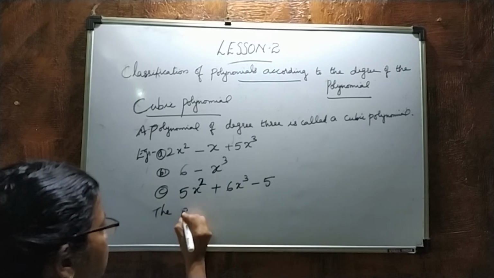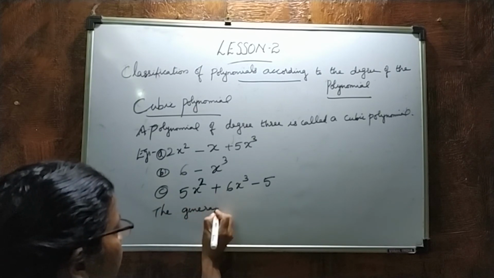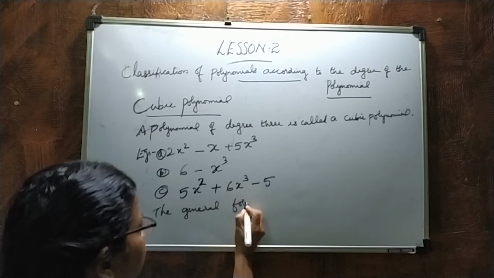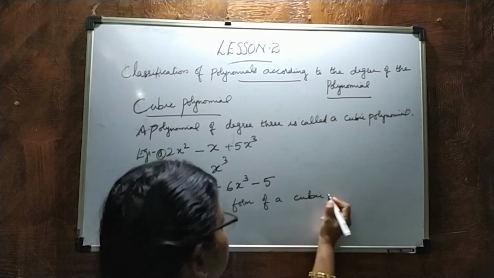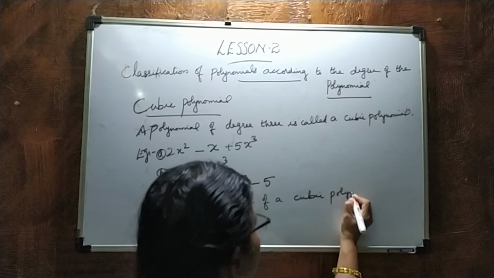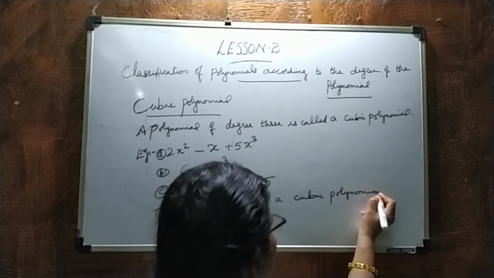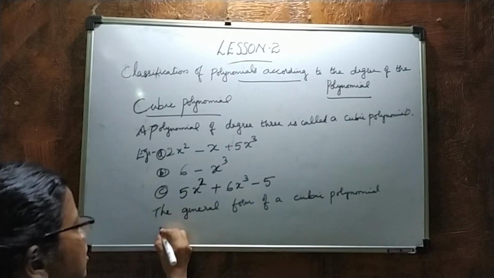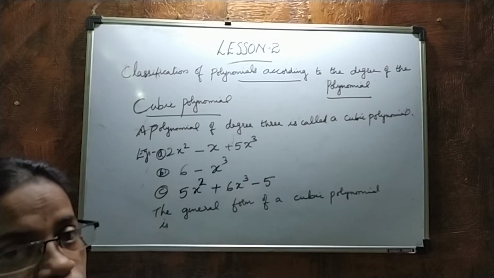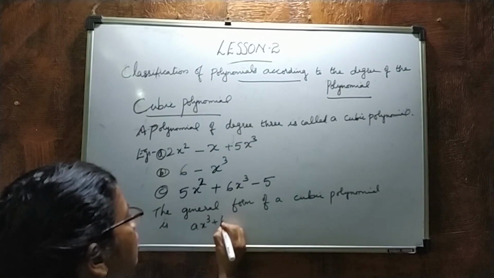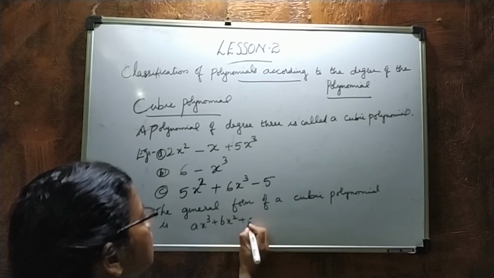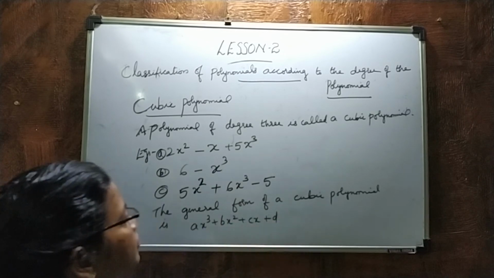The general form of a cubic polynomial is starting with what? ax cube plus bx square plus cx plus d.